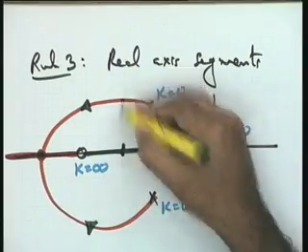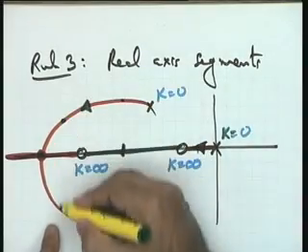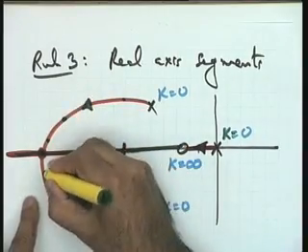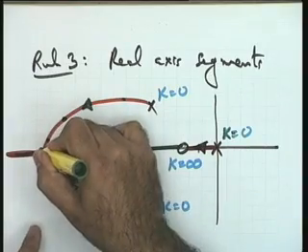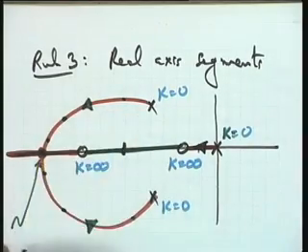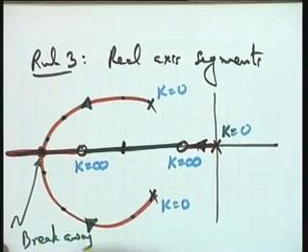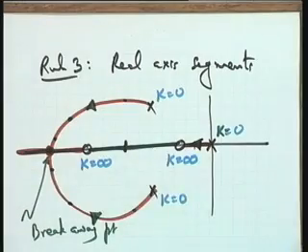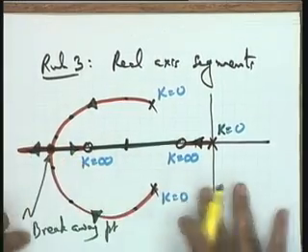These are the two complex conjugate roots corresponding to these two branches as k is increased further. They become repeated roots as k is increased further, and this point we will refer to as the breakaway point. At this point, as k is further increased, the two branches break away in two different directions. One is going this way and the other is going this way.